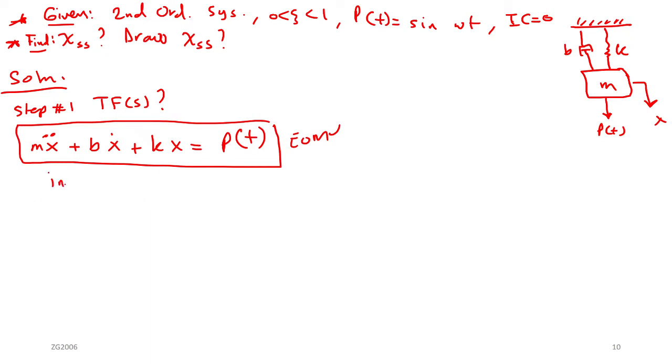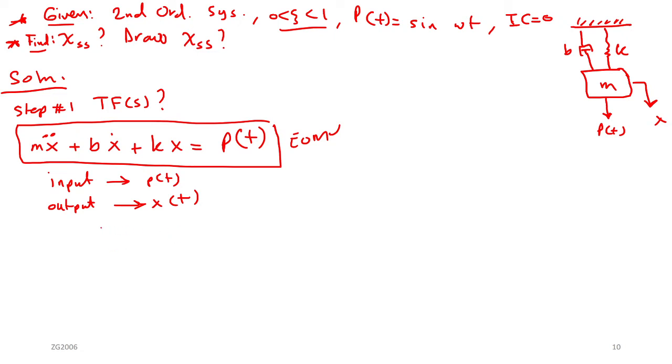Now, how to find the transfer function? The input is P of T. The output is displacement. Remember, it's underdamped. It's always going to be underdamped in this chapter, otherwise we cannot do the analysis for the frequency response.